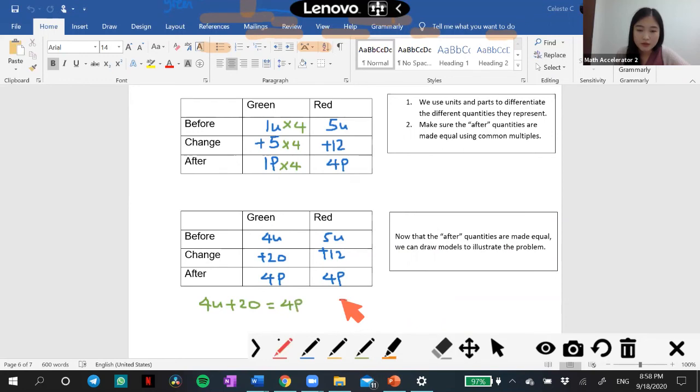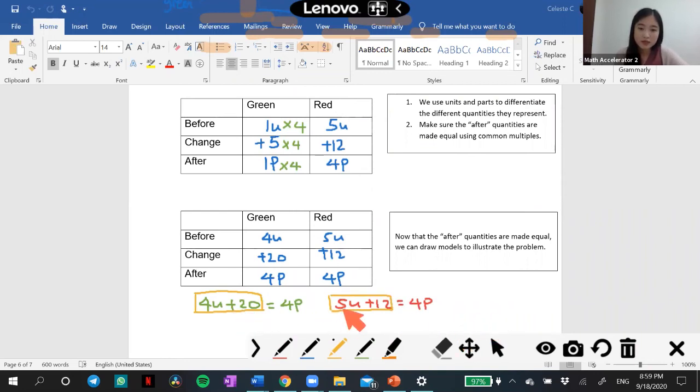For the red, at the beginning, 5 units, you add 12, you end up with 4 parts. So what can you say about these two? If they are both equal to 4p, this portion here must also be equal to this portion here.